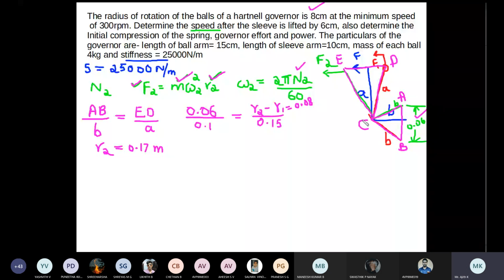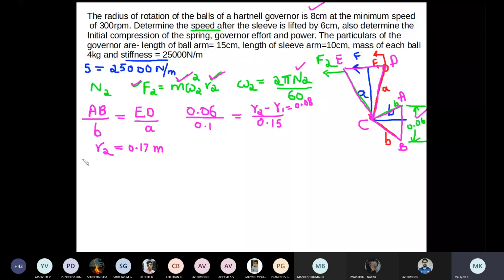Similar to the previous problem, to find S1 we took moment about this pivot point. Even in this problem, we'll follow the same procedure. To find F1 or F2, we have to take moment about the pivot point.